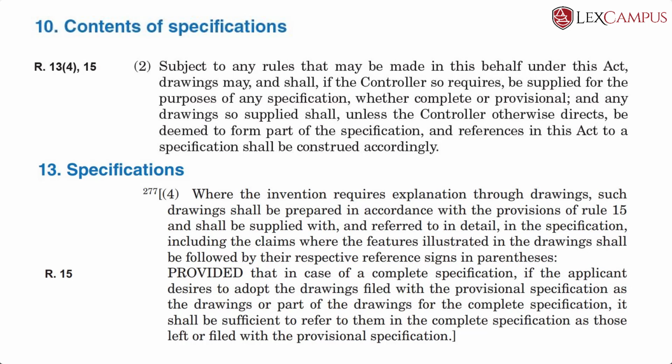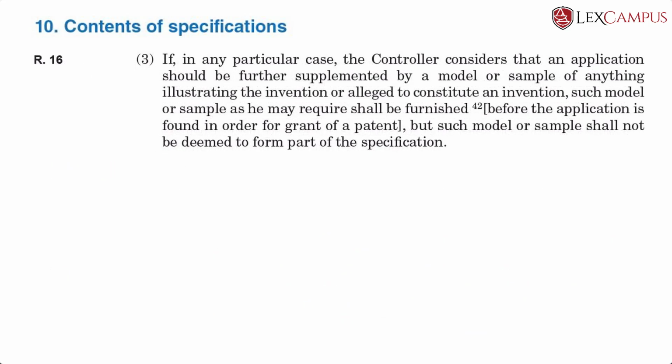Drawings are treated as a part of a specification, and wherever there are references to the drawing, you will find that the written part of the specification will have cross references to the drawing, and since they form a part of the specification, they will be regarded in construing the specification. So, we understand the specification as a written statement of the invention, but the written statement can also be supplemented by drawings. 10(3) talks about models and samples.